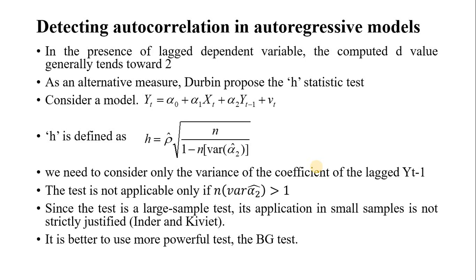But there are certain problems with this test. Many econometricians have empirically proved that this test is a large sample test. That means it will be applicable, or you will get a consistent result, only if your sample size is very large. In small samples, it is better to go for a more powerful test called the BG test, the Breusch-Godfrey test.